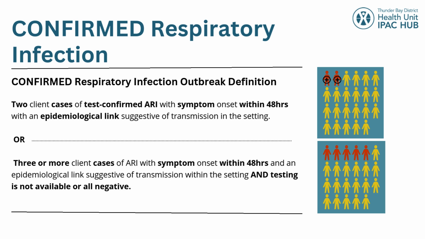Or the same as I just said, but with 3 cases instead of 2, and no testing is available or all testing has been negative. So we just use a diagram here for both to show that. So 2 with symptoms and positive, or 3 or more with no positive, and they all have the epidemiological link as seen here on the same row.